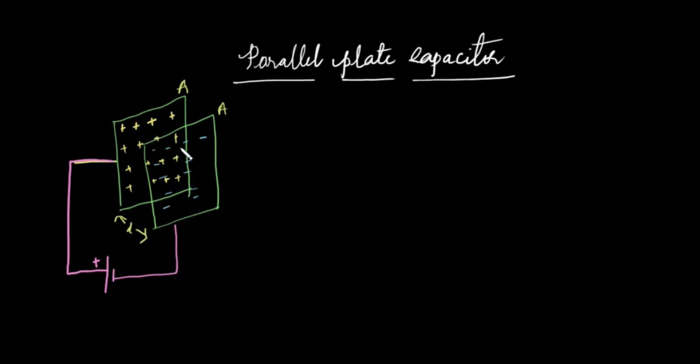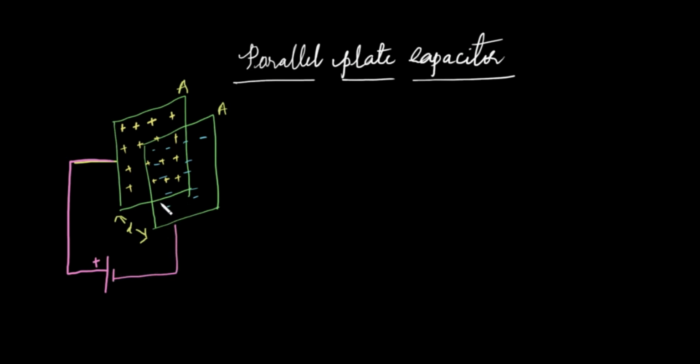This positive charge will repel the positive charge and attract the negative charge. All the electrons from this plate will move towards the positive plate, and these electrons are pushed to this plate by the battery.